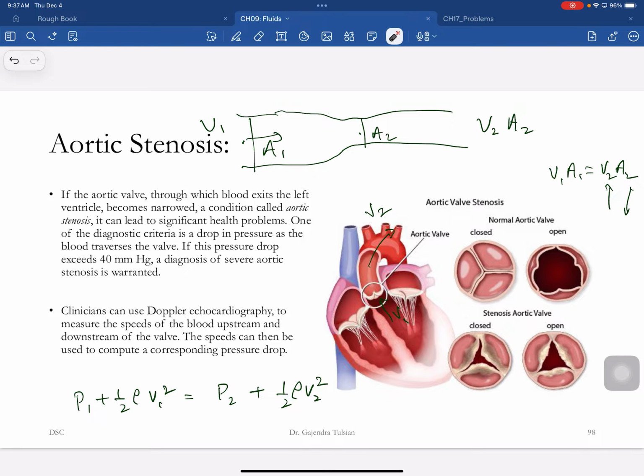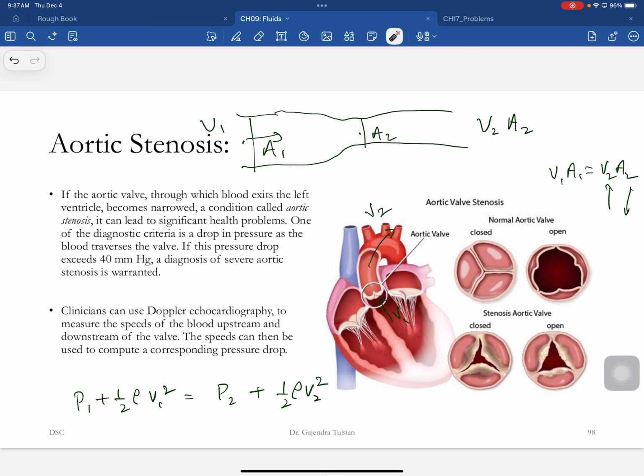Okay, so if the fluid is flowing too fast here, the pressure at this location decreases. So another proxy for the speed of a fluid is the pressure. Okay, so what doctors can say is if the pressure drops too much, that means the blood is flowing too fast here, then that means the valve has narrowed.